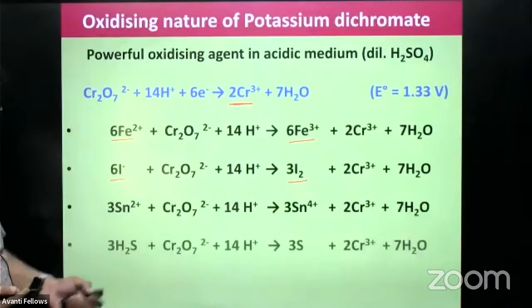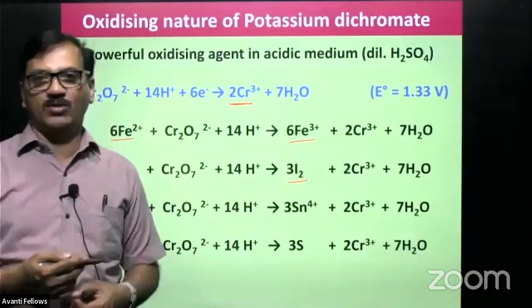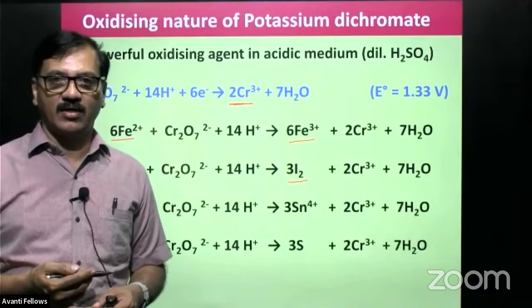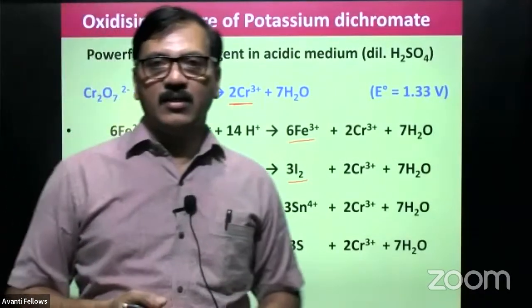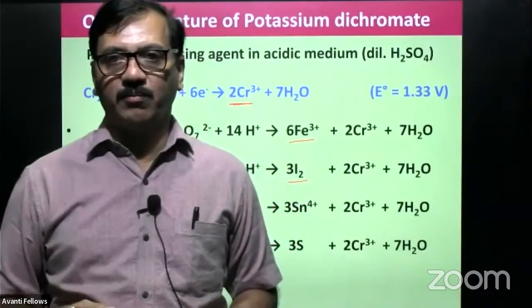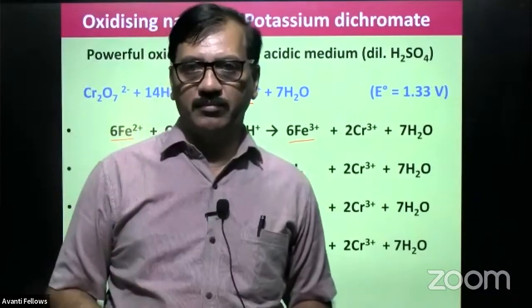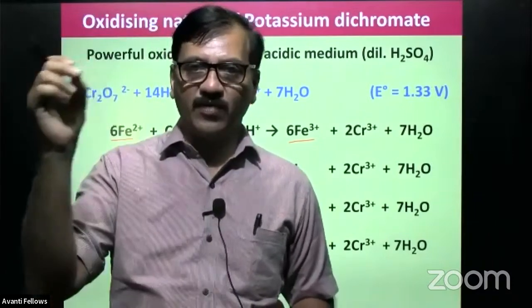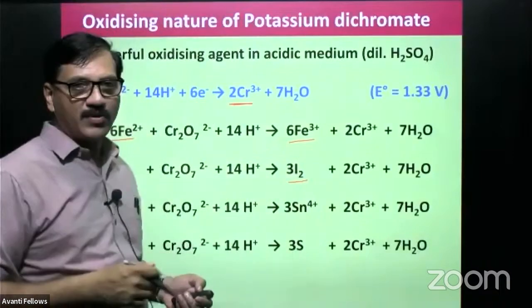It converts H2S, hydrogen sulfide, into sulfur. Sometimes you will be asked to write the chemical reactions of potassium dichromate with these, and then you can give such ionic equations.